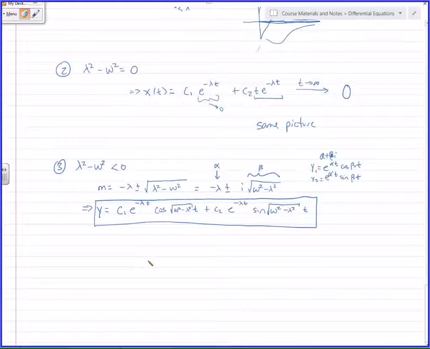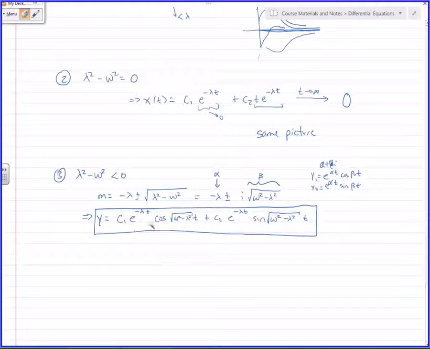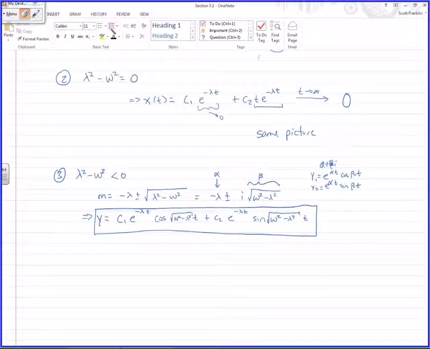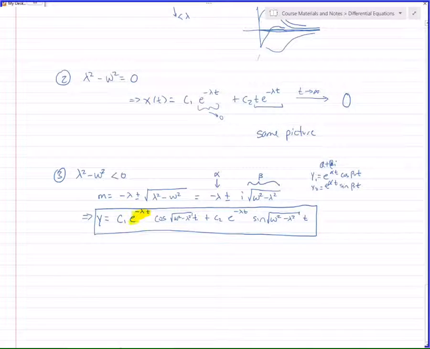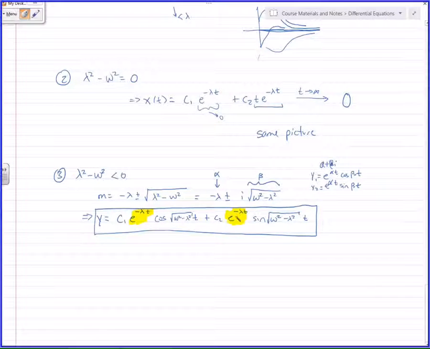In this case, if you look at the components of this solution, you have this e to the minus lambda t in there. And so as t goes to infinity, those are both going to 0, because of the exponential to a negative exponent going to 0.